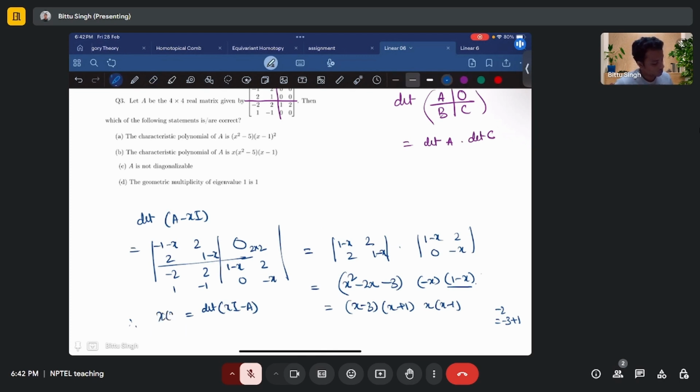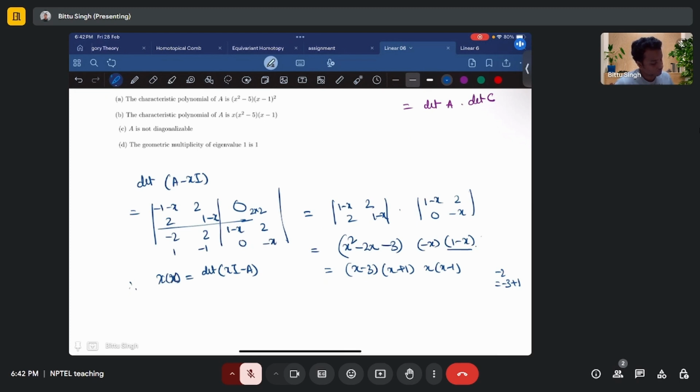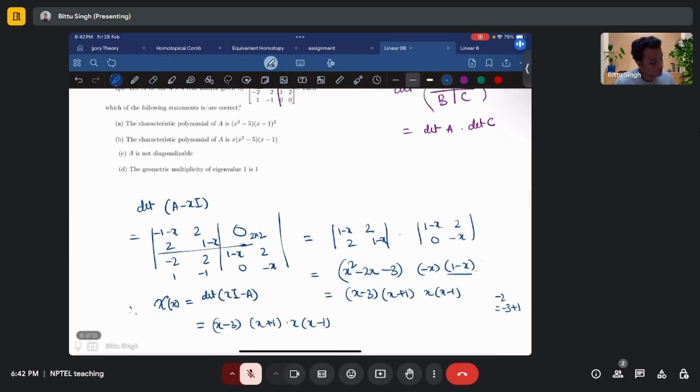So this is chi of x. From here it is clear that chi of x will look like x times x minus 3 times x plus 1 times x minus 1, and it is certainly not the same as this. So the characteristic polynomial is not this, and this is also not true. Those are not the characteristic polynomial.